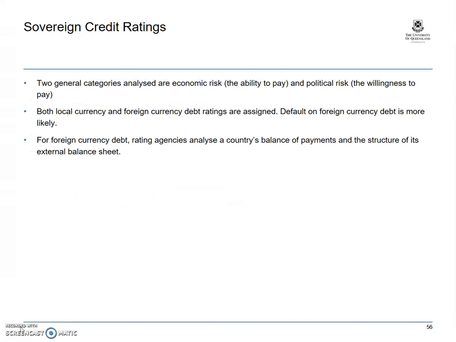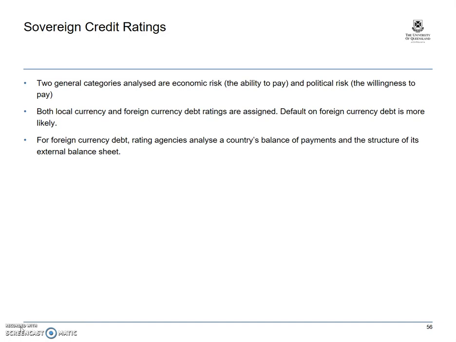Another key thing to take account of when we're looking at debt is sovereign credit risk. Here we want to look at the economic risk, so the ability of the country to pay, and the political willingness. What's the political risk if we're going to be lending into these foreign markets?